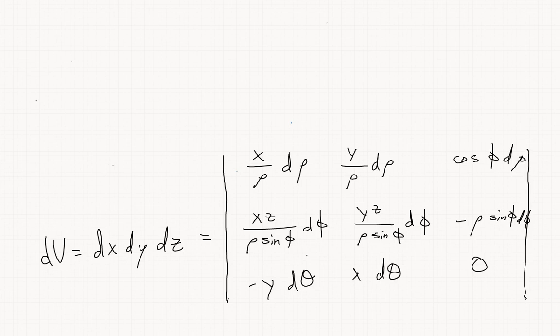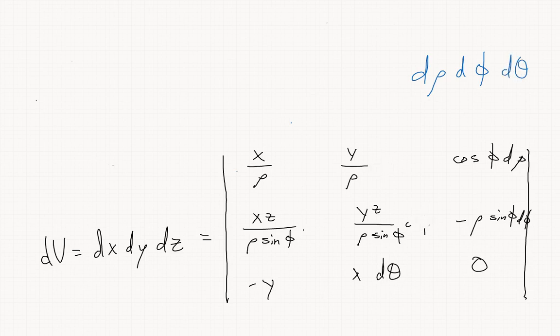If we erase the d's, we can take these out and it'll be this determinant times d rho d phi d theta. And we can also rewrite the last entry: cos phi is z over rho.